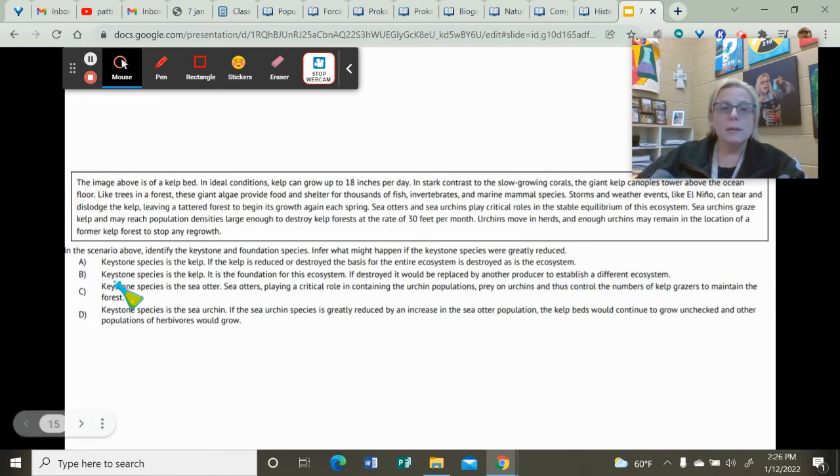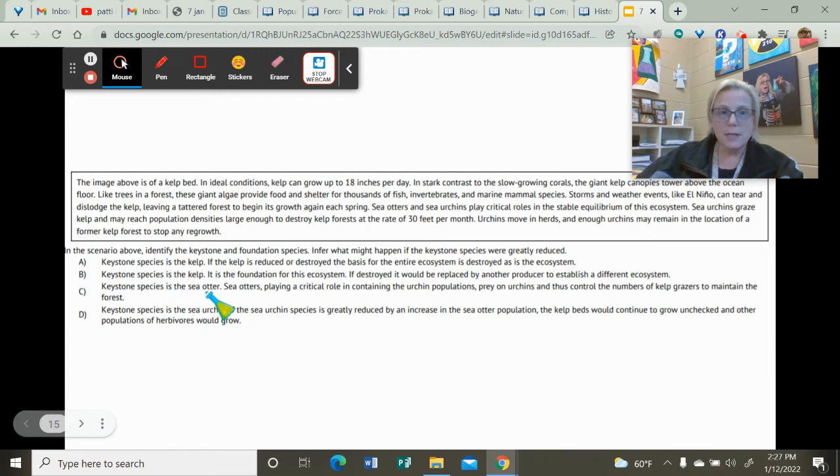Okay, B cannot be the answer, because you're saying that kelp is a keystone species, but then here you're saying that, oh, well, if it's destroyed, something else would come in and get it. That goes against what a keystone species is. So I'm eliminating B.